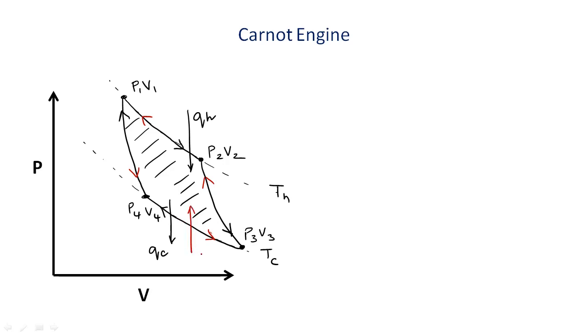This is heat flowing in from the cold reservoir and going to the hot reservoir, and this is enabled by work being done on the system. This is a Carnot refrigerator.